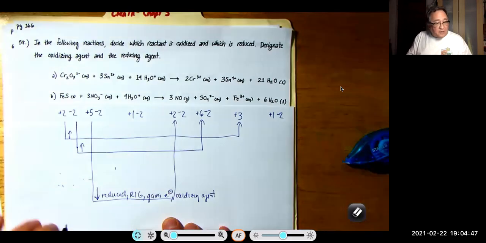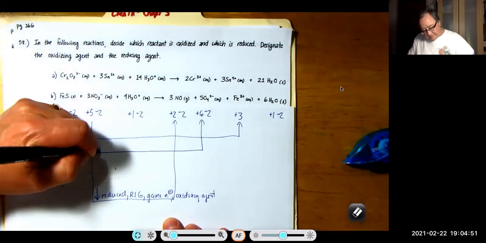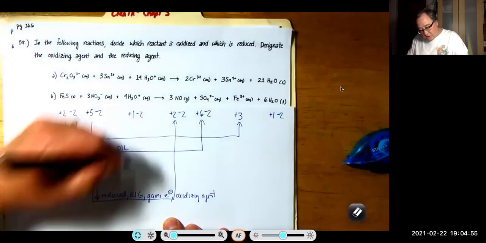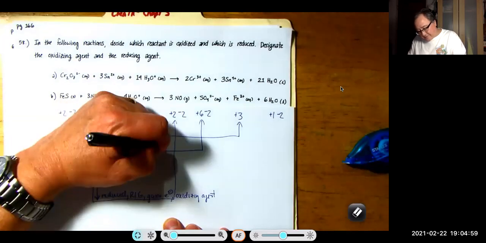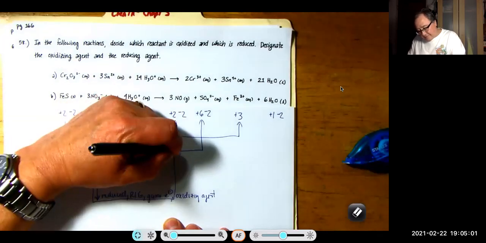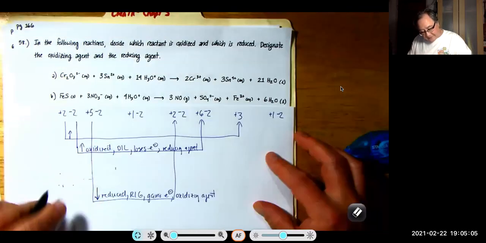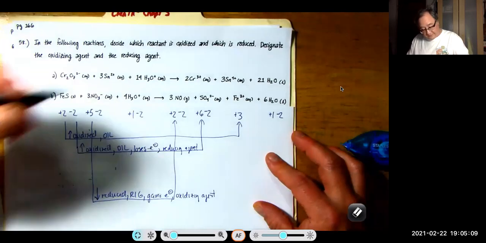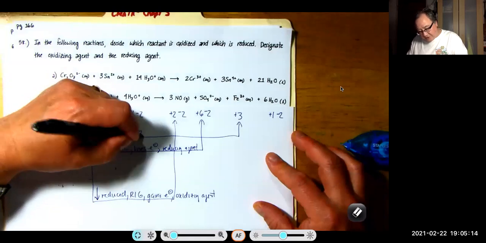And for the arrows that go up, oxidized, oil, loses electrons, and it's the reducing agent. And it turns out that the iron is also oxidized. It's oiled, it loses electrons, and it's the reducing agent.